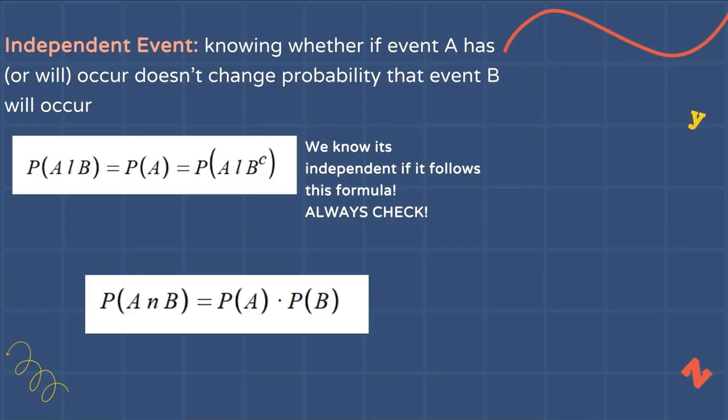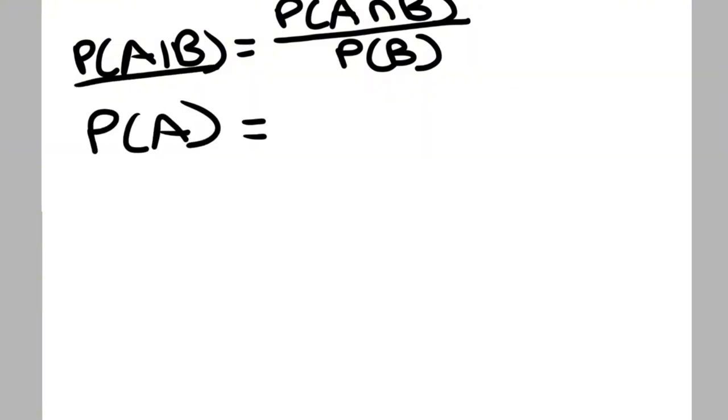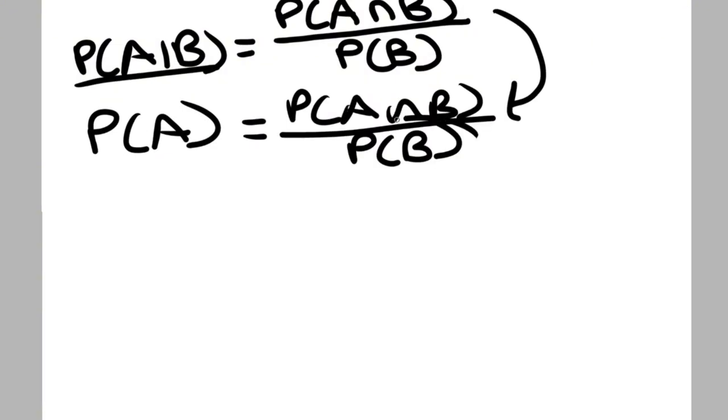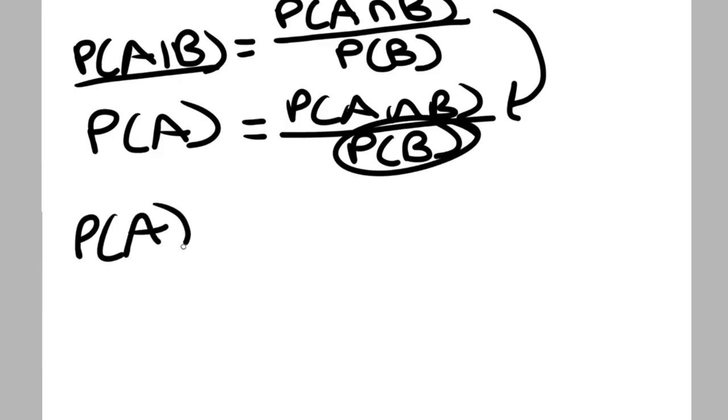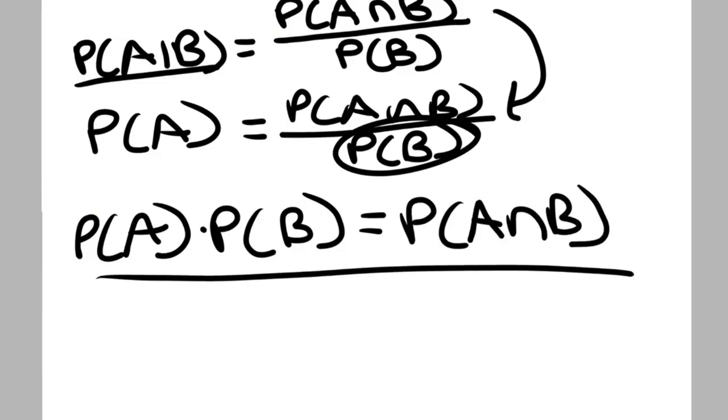Once it's independent, we can apply this formula: we can multiply P(A) and P(B) to equal P(A and B). Only if it's independent, because this formula is in the reference table. So we know this must also equal this if it's independent. That means the new formula is this, and then you can multiply on both sides, and like that, you just get the formula.